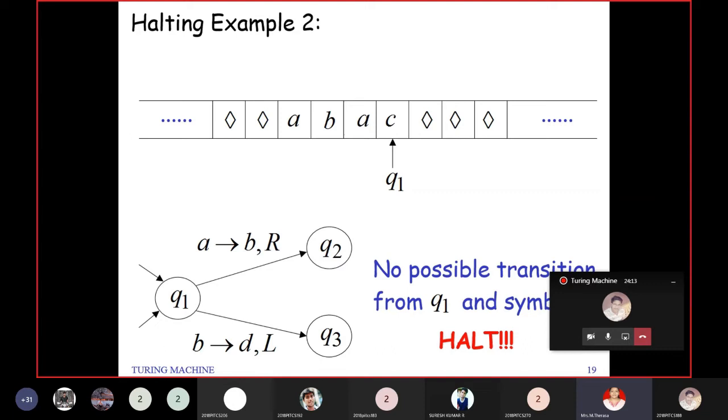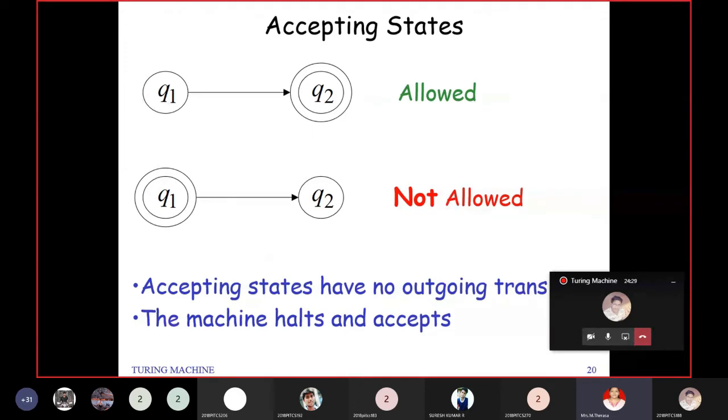It will not make a transition. It will stay in the same state. The machine stays in Q1 and halts because no transition is mentioned. Q1 is not the accepting state, so you can conclude the string is not accepted. The machine halts. Okay, then we'll talk about the accepting state.